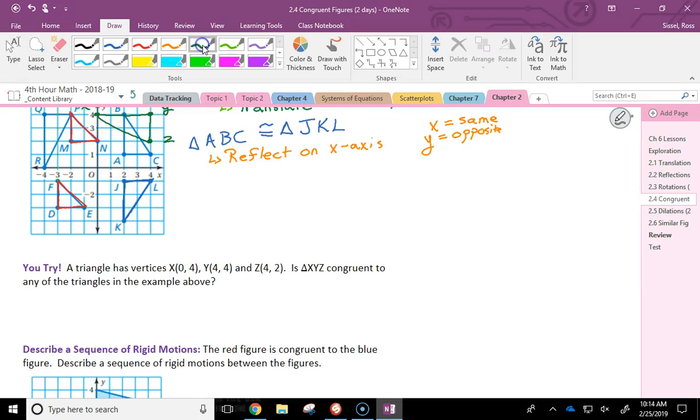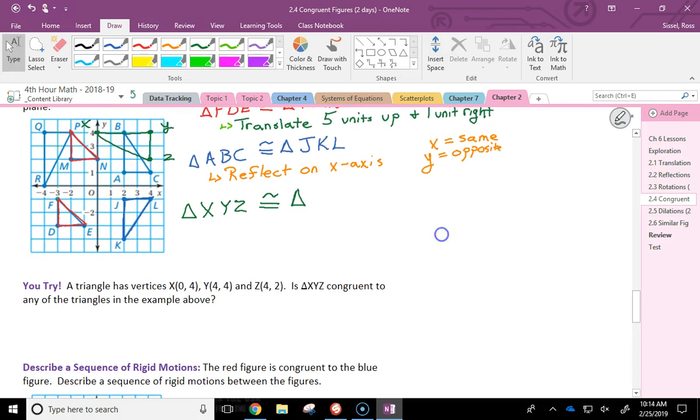So if I go back in here, and you should write this down on yours, I'm going to go ahead and say triangle XYZ is congruent with triangle Q. Oops, I'm going to do it this way. I'm matching up the points.